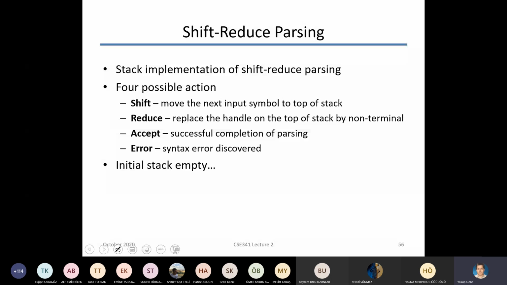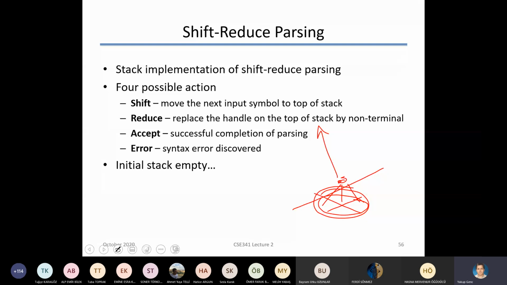Remember, we are going bottom up, so at some point in my stack, I might have some portions of a branch that can be formed. If this portion of a branch is already there in this tree, then I can replace it with this one. Therefore, I can get rid of this part of the tree and continue with the rest of the tree. This part, we call a handle. And I'm going to give you a formal definition of this in a few minutes again.